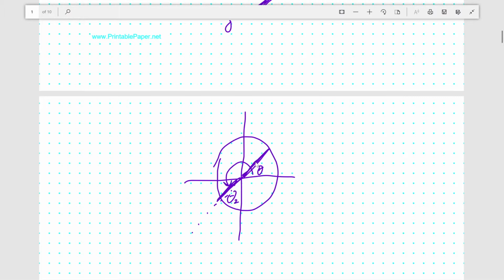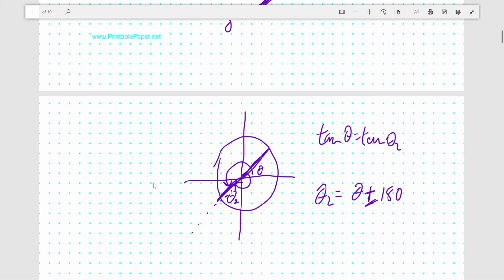And because you've just added half a turn of the unit circle onto your original angle, you can say that for tan theta equal to tan theta 2, theta 2 must be theta plus or minus 180. Because you can also go the other way as well, in fact. And then basically there's a gap of 180 degrees in between every value of theta for which tan theta is the same.